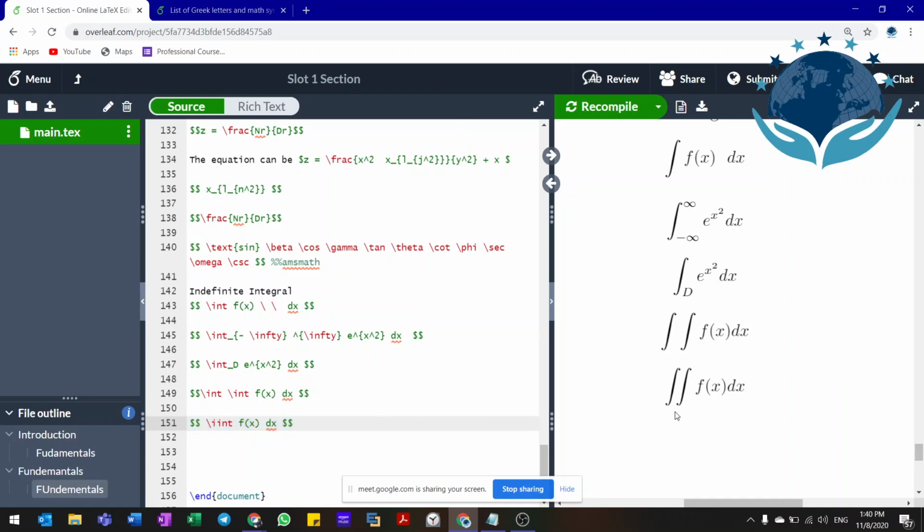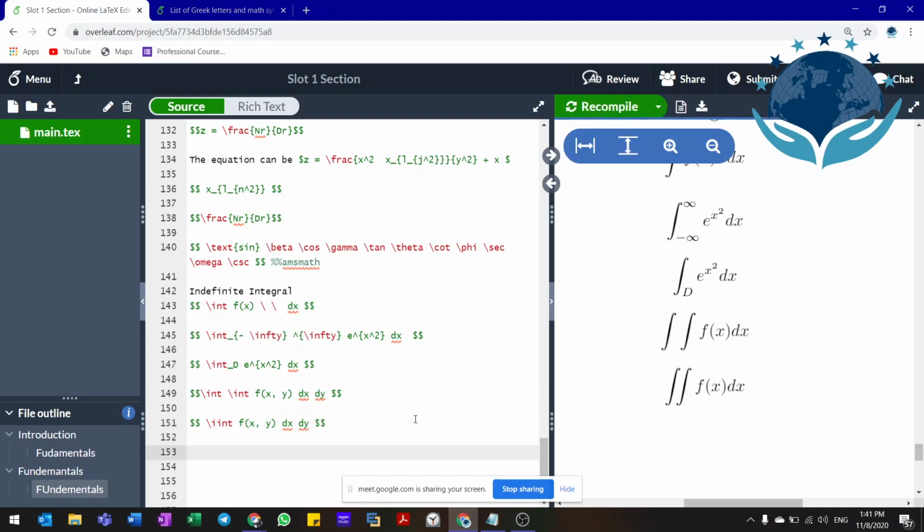So you can see the double integral of f of x into dx. Notation-wise, this is not right: it should be dx dy, and here it should be y. The function should depend on two variables, dx dy. Okay, now back to the document.